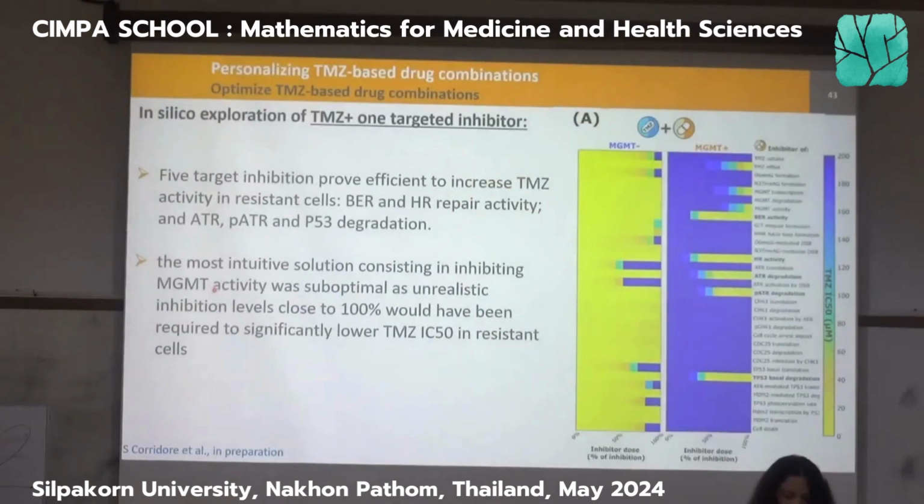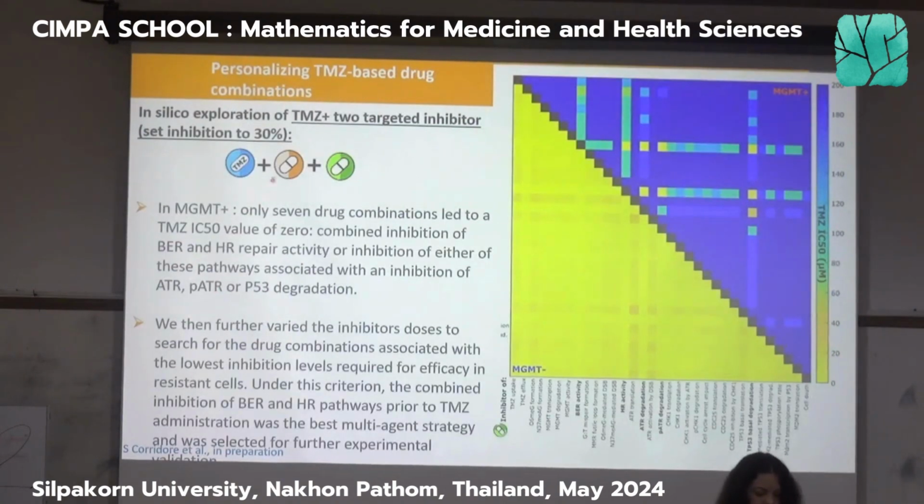So that's good, but the idea was, can we maybe add another drug and lower the percentage of inhibition that was needed? Because here 40%, we don't really know whether it's realistic to inhibit a target at 40% of this level. So we go with temozolomide plus 2 drugs. To draw the pattern here, we have set the inhibition level to 30%, to go below 40%.